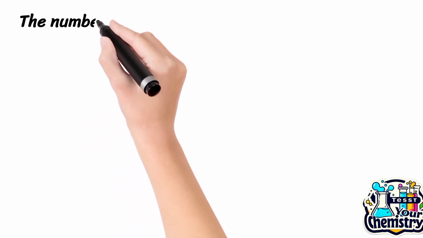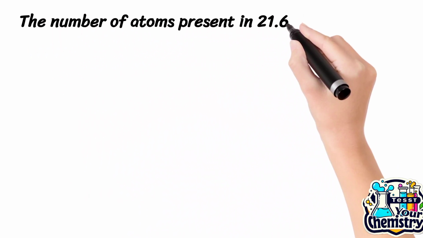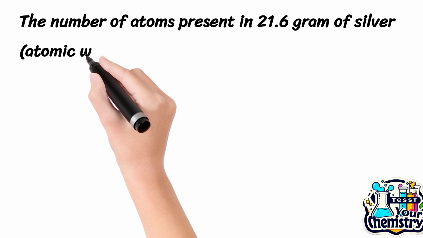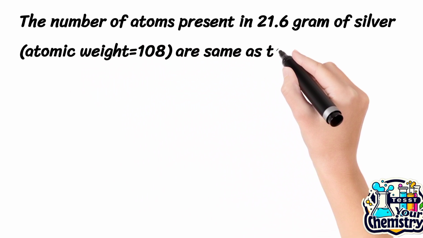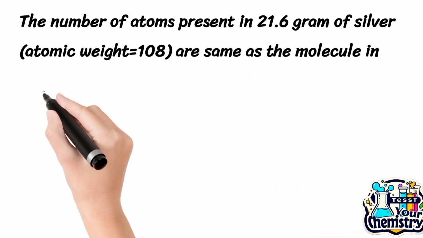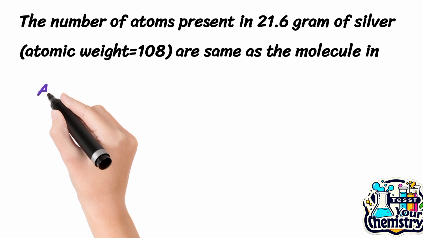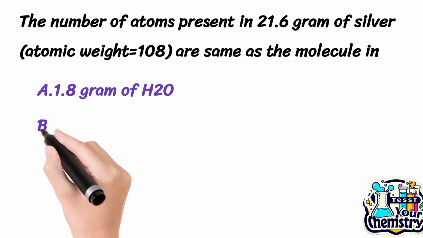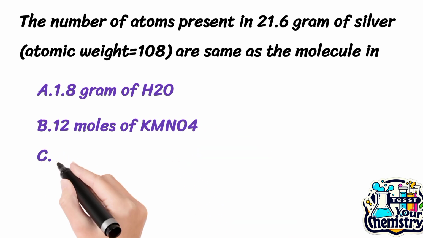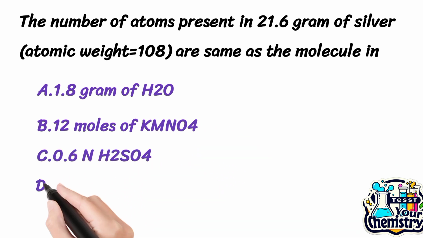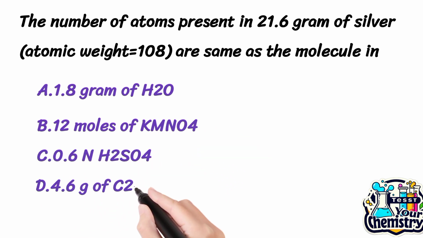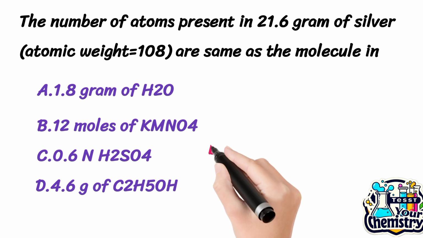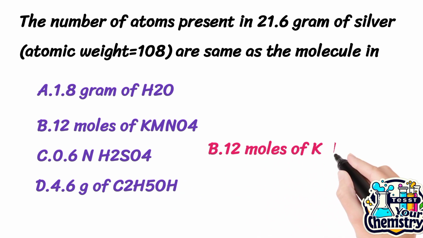The number of atoms present in 21.6 gram of silver, atomic weight equal to 108, are same as the molecules in 1.8 gram of water, 12 moles of potassium permanganate, 0.6 normal H2SO4, 4.6 gram of C2H5OH. Option B, 12 moles of KMnO4 is correct.